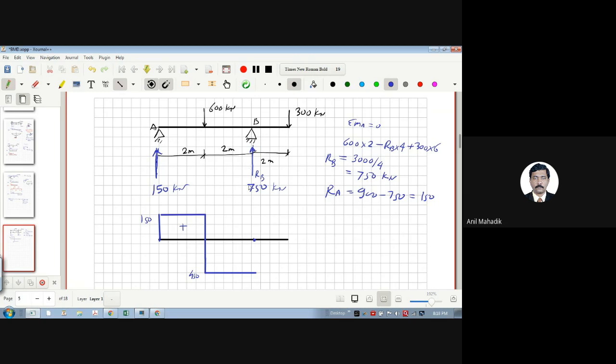How much? 300. And the value is positive. This is positive, this is 300. Negative shear force.